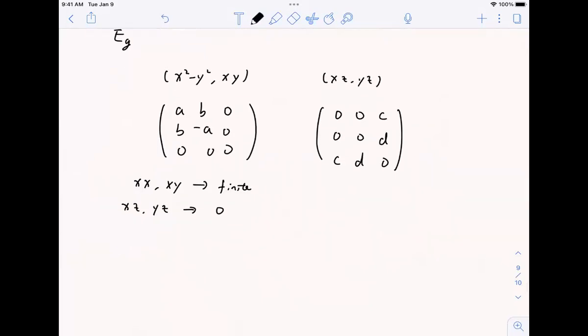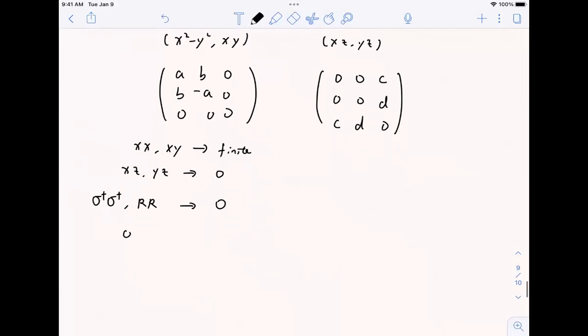And then this one, the left and right, is going to be 0, and then it's going to be finite.